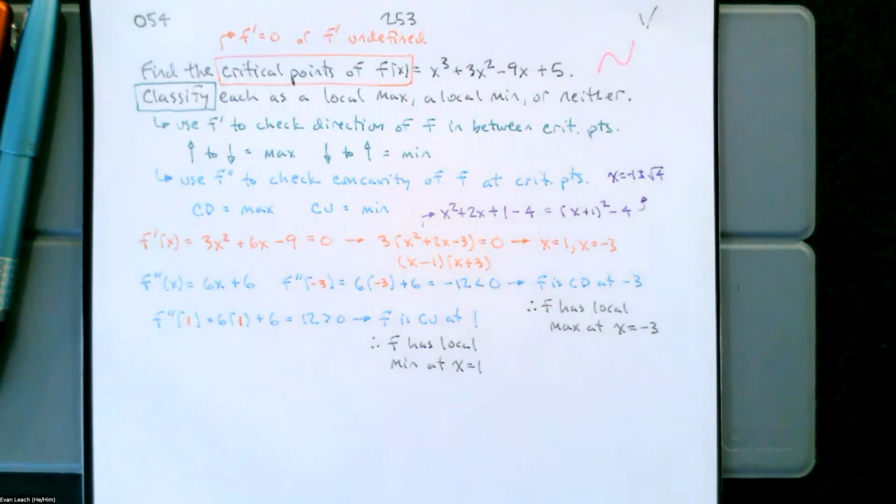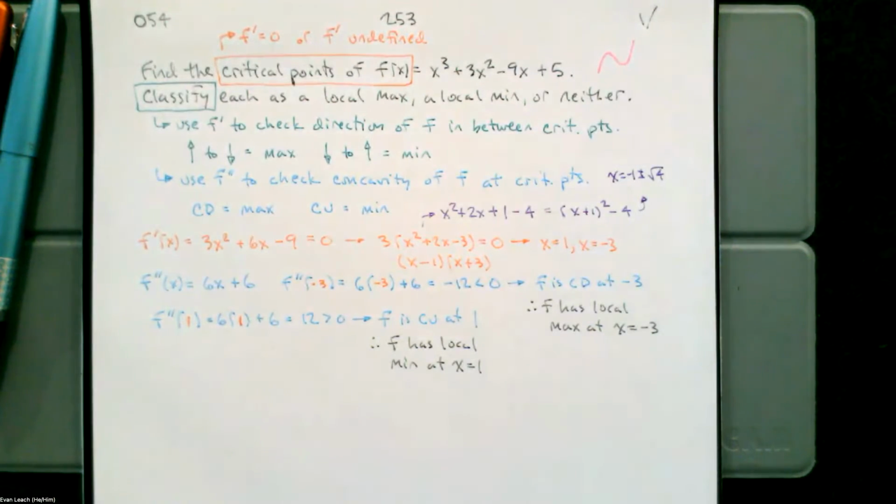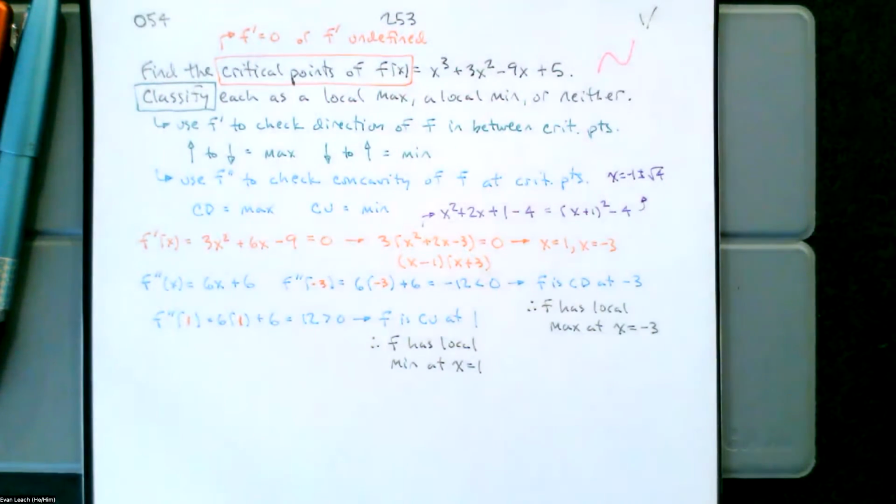So if we see second derivative equal to 0, we would see concave down before and then concave up afterwards. So it would warrant some additional investigation. You can grab your first derivative and look at what's going on either side and see that it's increasing on both sides. It doesn't necessarily mean there's an inflection point just because the second derivative is 0. That's, I think, an important thing to remember.